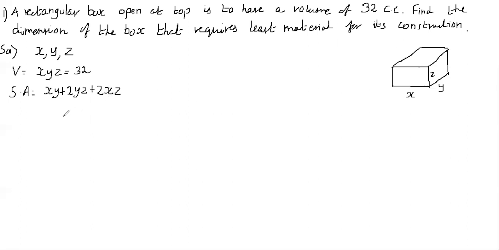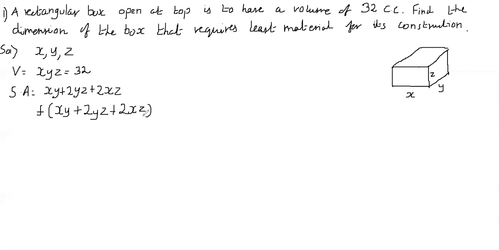See, in this kind of sum we have two things: what they have given, that is a constraint, and what we are going to find, which is a function. So here we are going to find the surface area. So this is the function. f, the function, is xy plus 2yz plus 2xz.